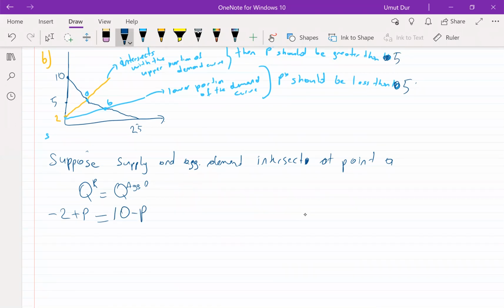10 minus P. And if you do the math here, we will have 2P is equal to 12, okay, and P is equal to 6.